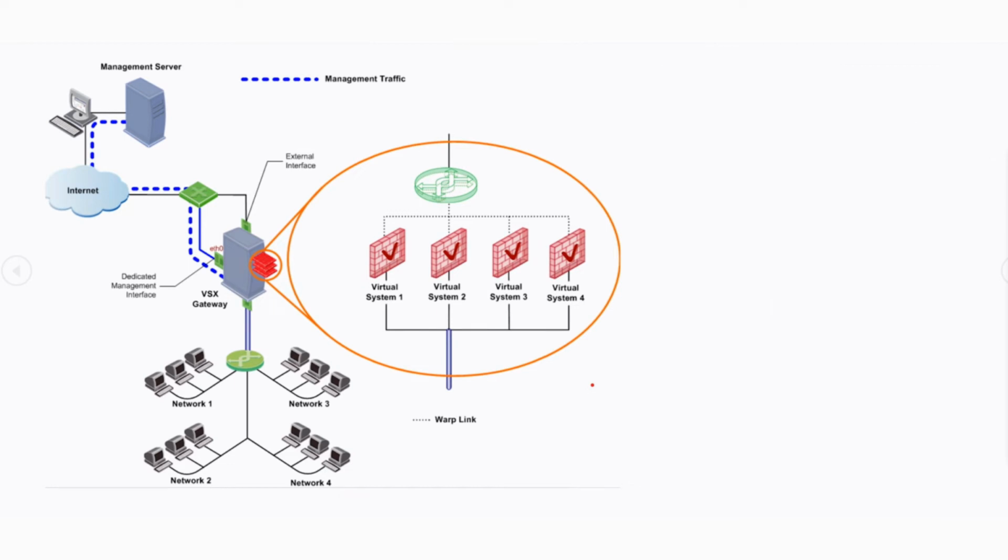Now let's conclude with three key interface types for VSX. One we have is external, one is internal, and one is sync. Depending on the setup, these three interfaces come into the picture.